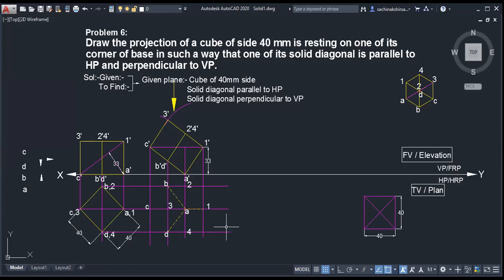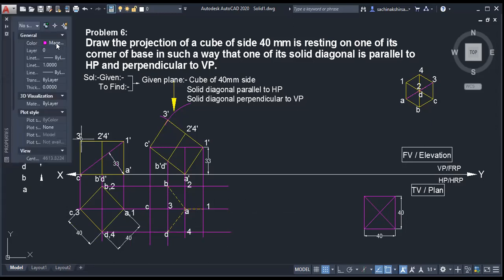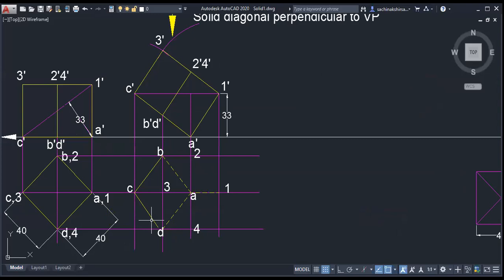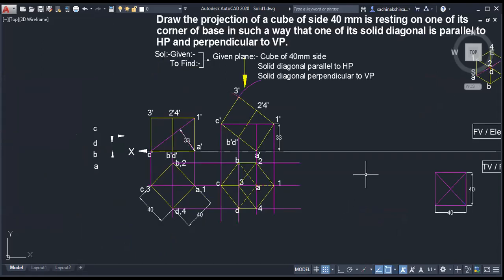Now the remaining edges, directly you can draw with what? Dark line. So 1 to 2, B to 2, C to 3, A to 1 already we have drawn, and D to 4. Likewise, it will look like this.